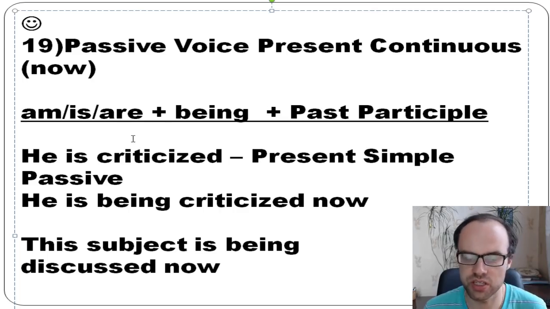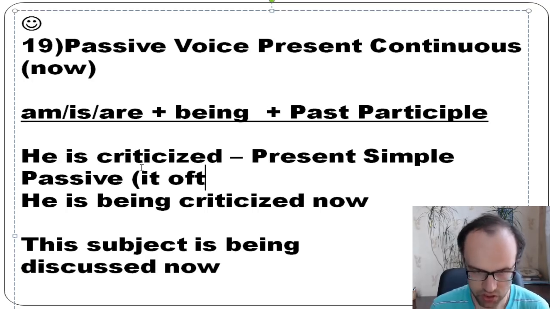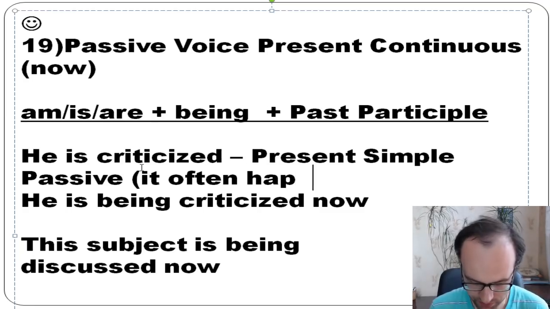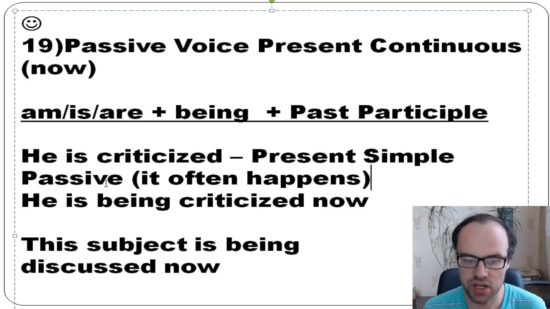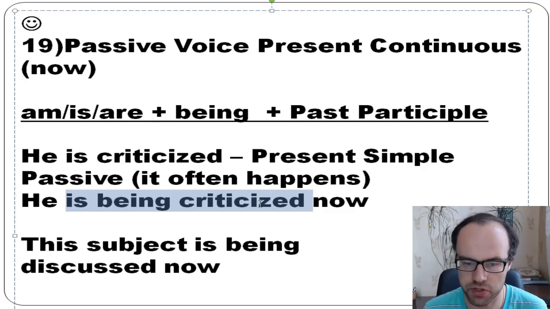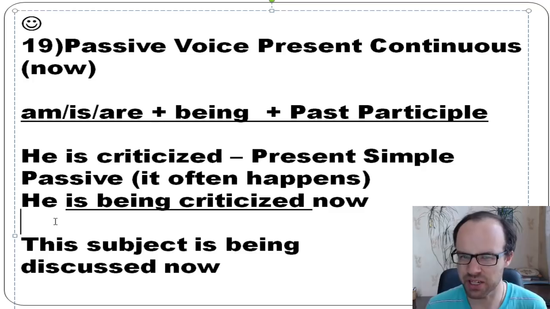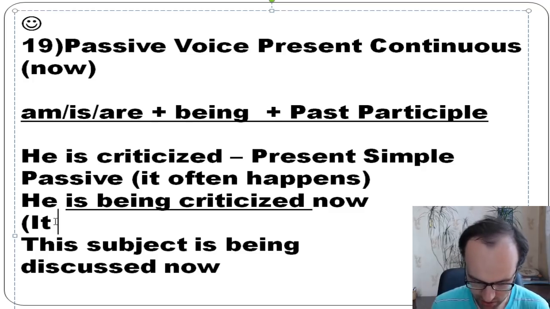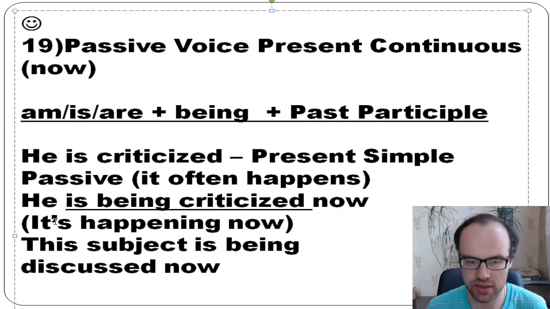So it often happens, yeah? And look, he is being criticized. So he is plus being plus past participle. He is being criticized now by someone. It's happening at the moment, okay?